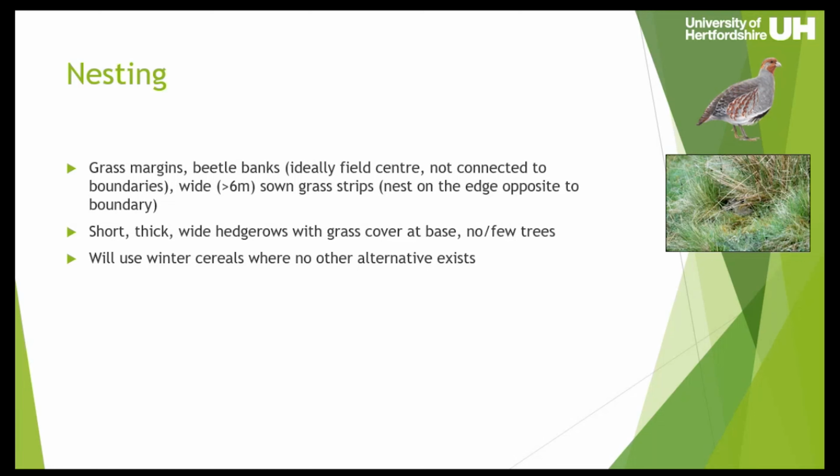Suboptimal habitat, potentially winter cereals when no other alternative exists, but this often will be on the edge of a crop, and that renders the nests exposed more widely to predation. So we have different habitats within the tool that can be selected and can be placed spatially within the landscape, and each of those has a particular habitat suitability for that aspect of the grey partridge life cycle. Next slide, please, John.